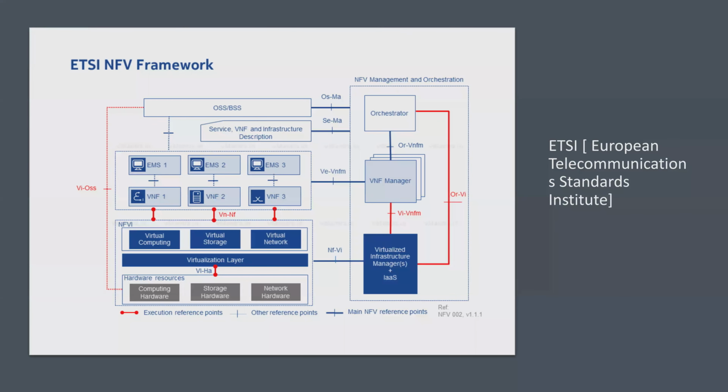On top of that you have the virtualization layer, which virtualizes the underlying physical components, making them virtual computing, virtual storage and virtual networking. This part I think most of us are already aware of, and it complements this NFV framework.